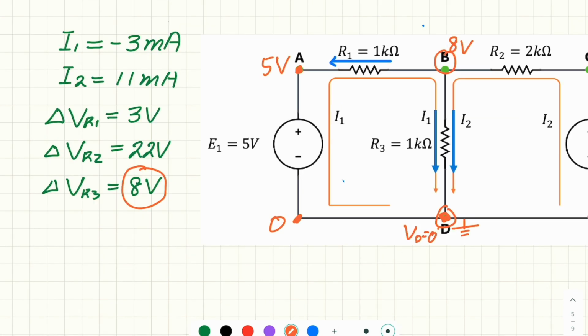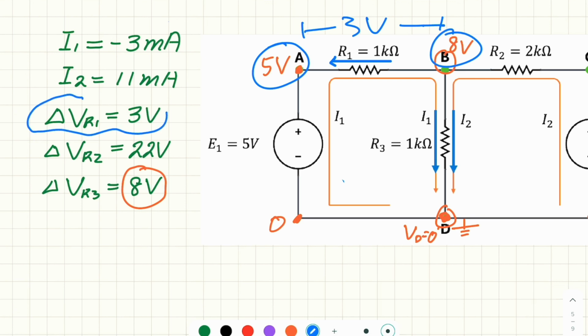Now let's check the consistency. Between A and B, B is 8 volt and A is 5 volt. So the potential difference is 3 volt. This is exactly what we expect from the potential difference across R1.